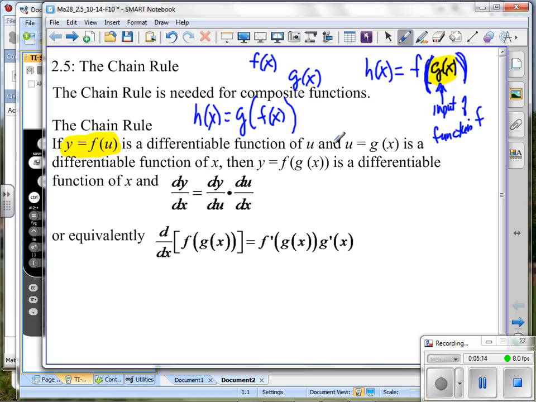Okay, now we go over here. U equals g of x. Take a look at that. What's the input in this? X. What's the output? G of x or u. Now, in this problem, this right here, this is what, an output, you say?